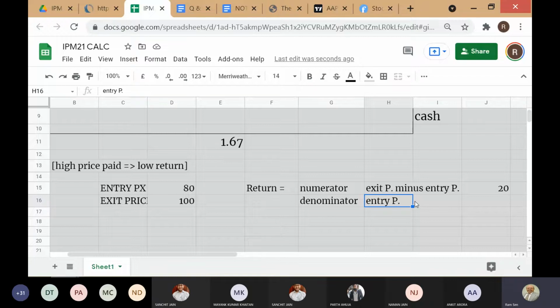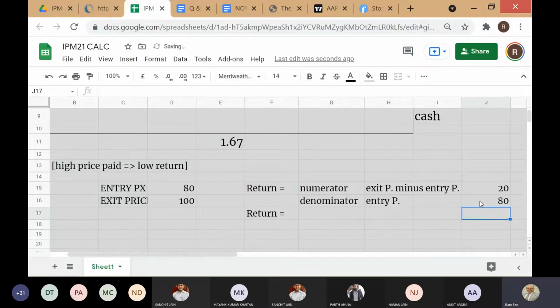As somebody said, the denominator is entry price. Is that clear? All right, and then we can say our return is, we just write it here, easier to see in the center, numerator by denominator.